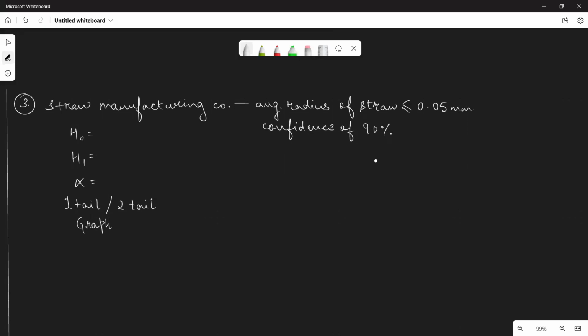Either they will directly give you the level of significance or the level of confidence. In either case, you will be able to work. So just try to answer these questions.